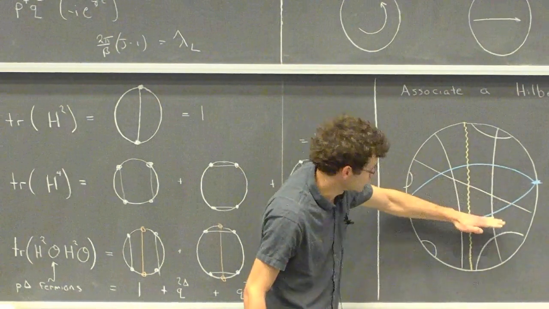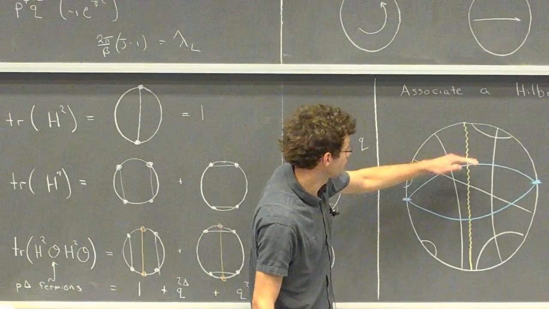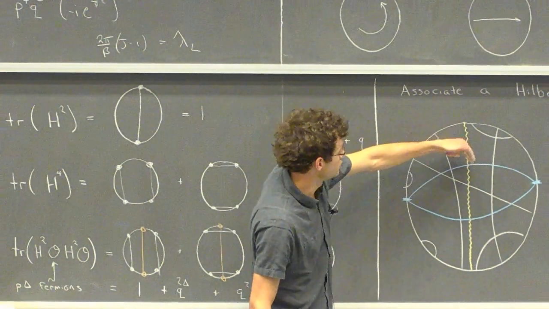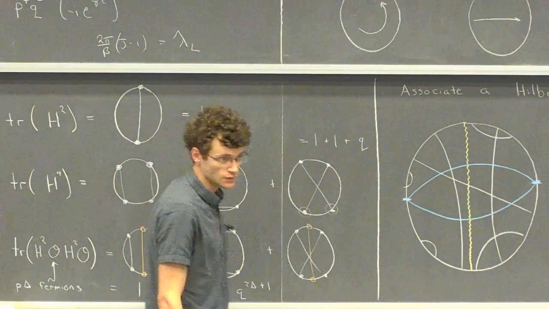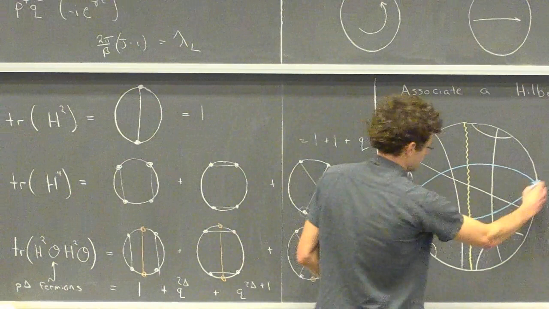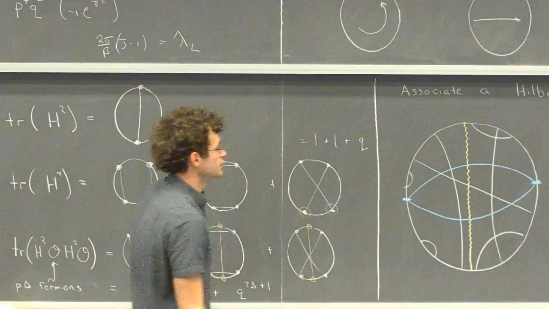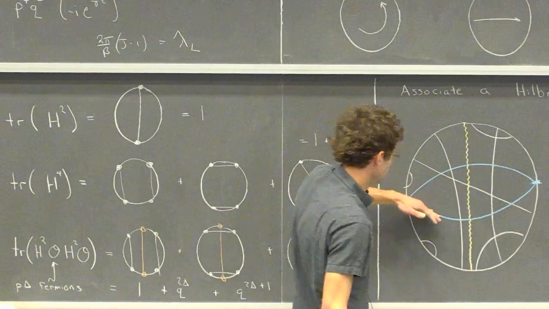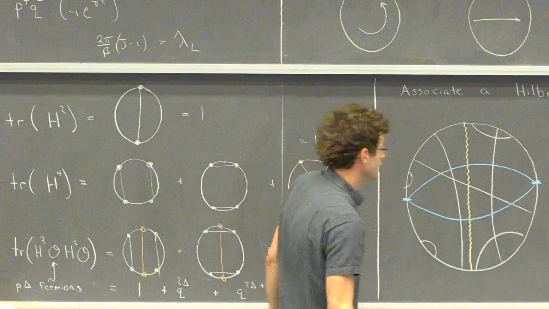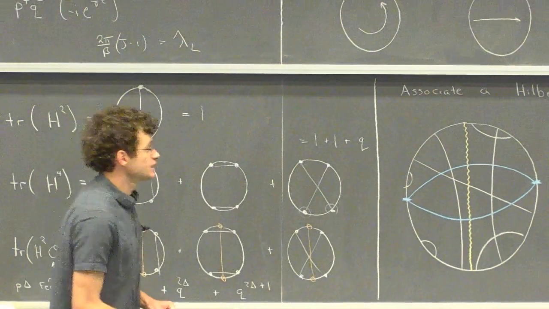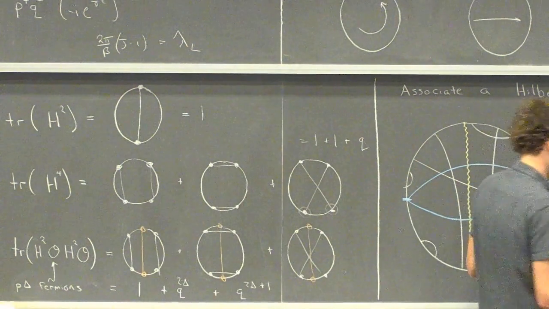But I'm allowed to draw it below the crossing. And similarly for the top cut, no chords that cross this blue line here can intersect each other in the future. So that defines where you can put this initial and final slice. And we can think about a Hilbert space living on this. Let's think about the lower slice for a second. Hilbert space living there, just labeled by the number of chords that are intersecting that slice.